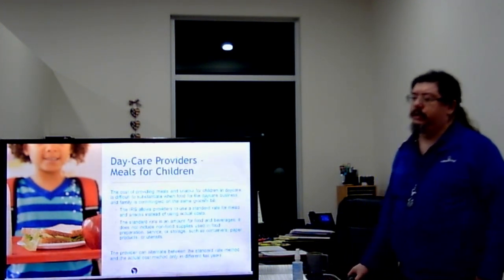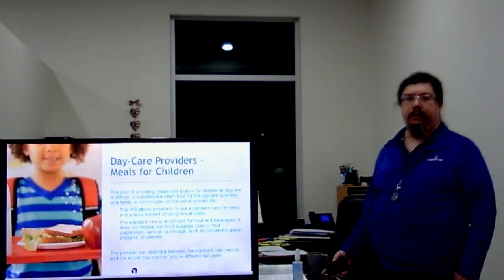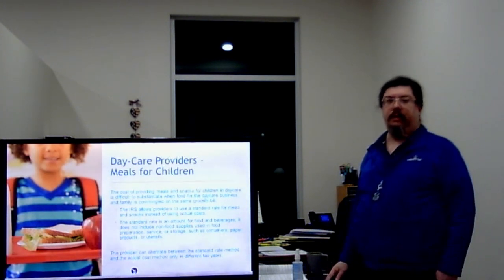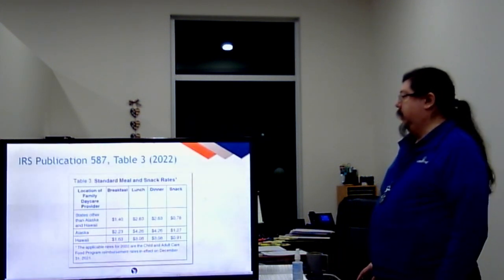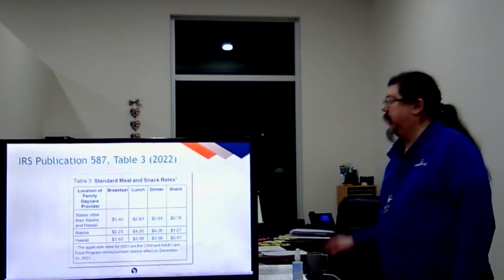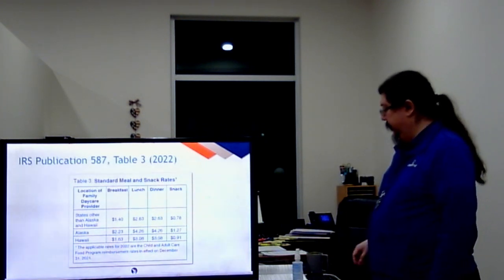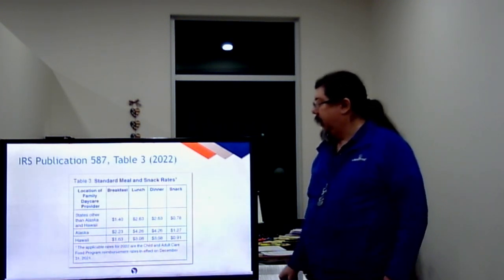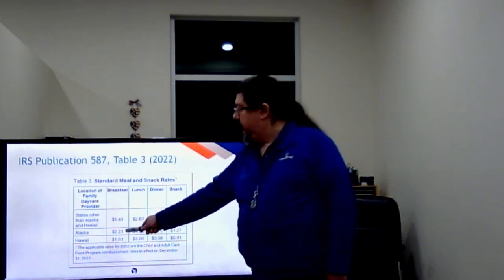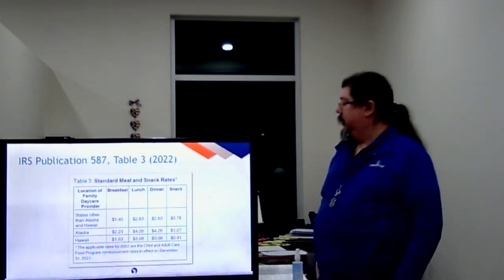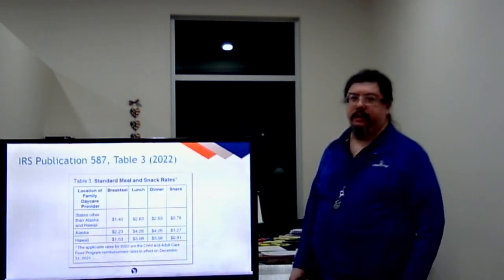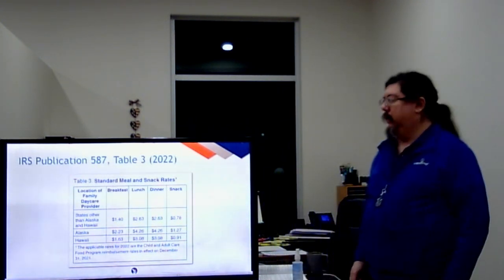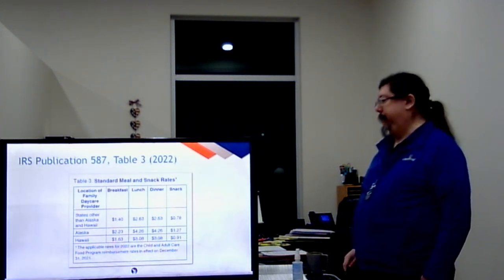You could segregate your receipts and try to take the actual what you bought for the kids, like maybe cereal and peanut butter and jelly sandwiches, or you could take this standard meal and snack rate. For Alaska, breakfast is $2.23, lunch is $4.26, same for dinner, and then for snacks during the day it's $1.27. Some cheap snacks.